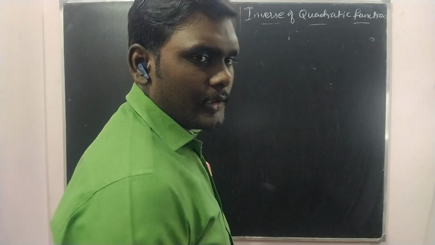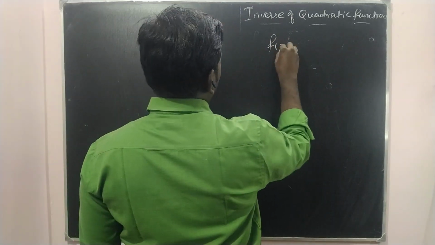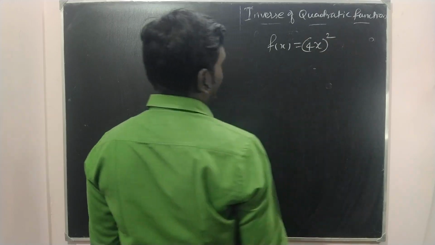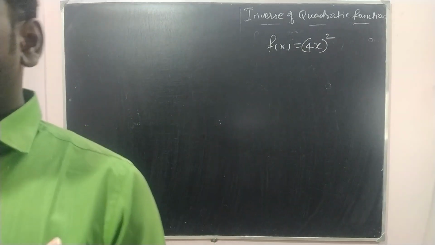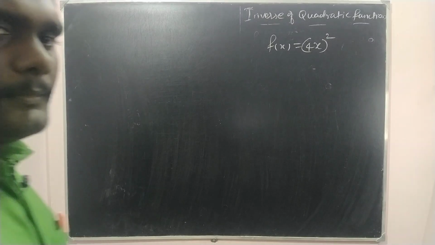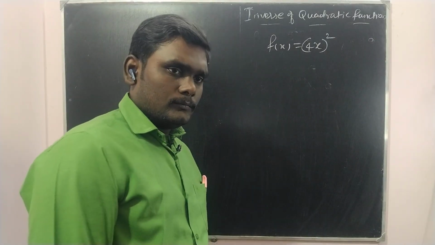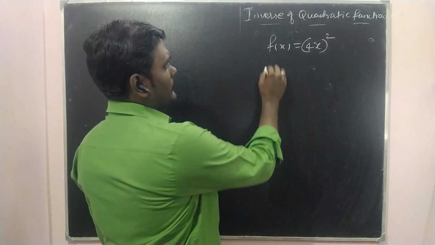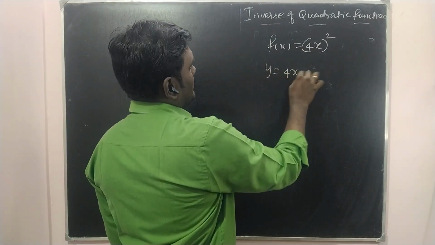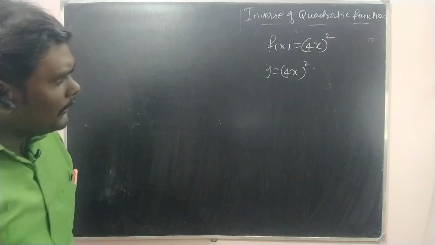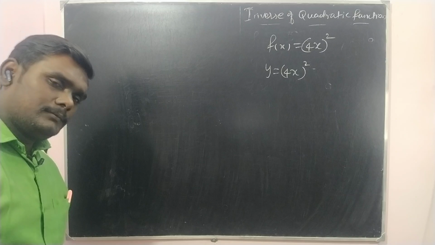So now look at this question. f of x equals 4x whole square. What is the first step? Yes, y equals. Next, the value of x has to be found.